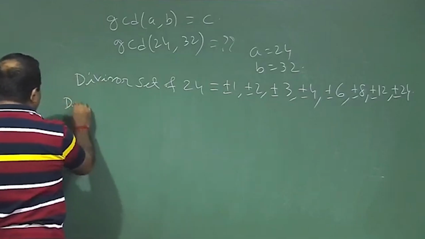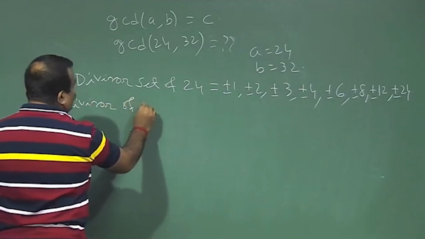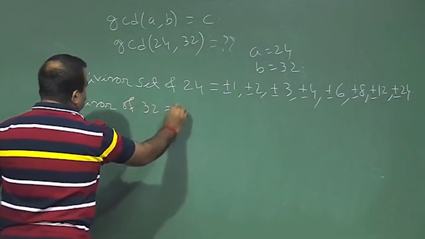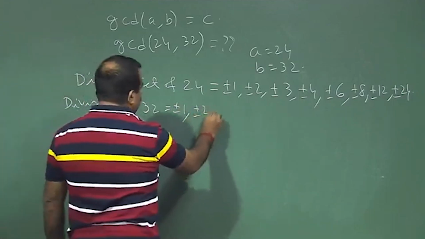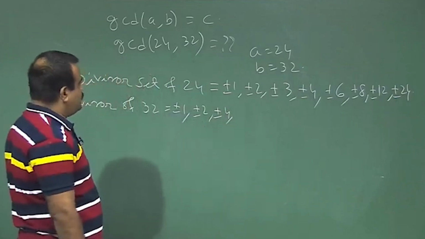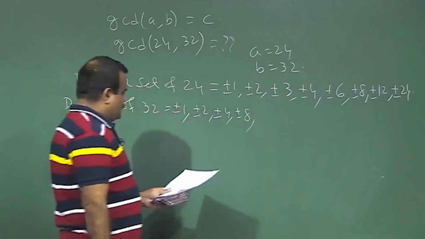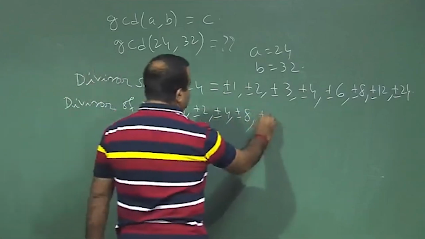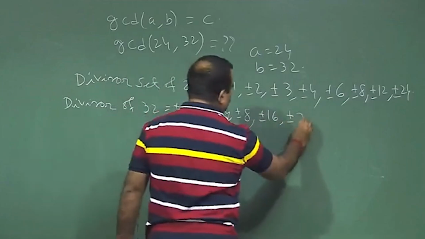Now, let us take the divisor set of 32. So, this is basically plus minus 1, plus minus 2, plus minus 4, 6 is not a divisor of 32. So, plus minus 8, then plus minus 16 and then plus minus 32.